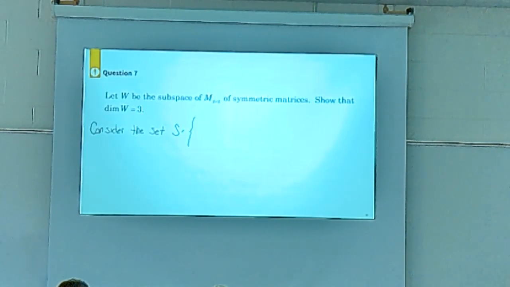Now, when you're dealing with a square matrix, or in this case, a 2 by 2 matrix, that would mean that whatever you have, let's call it the off diagonal, the off diagonal has to be the same.